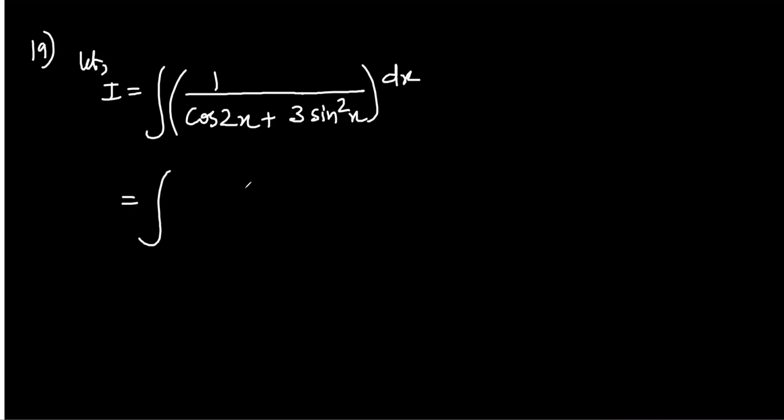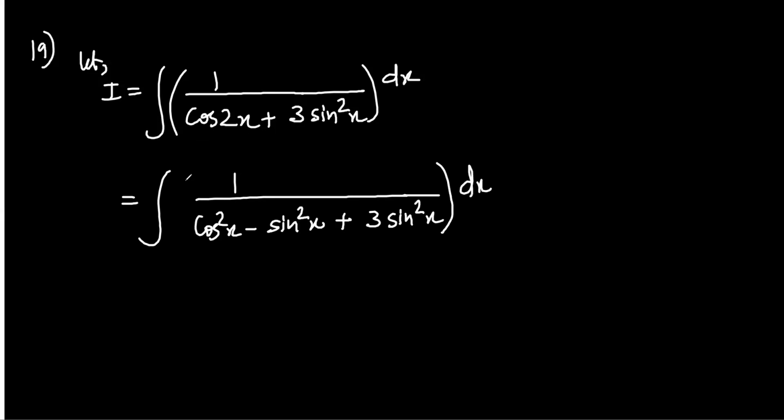So here, I will apply the formula for cos 2x. I know cos 2x is cos square x minus sine square x. For cos 2x, I wrote this, and here I have plus 3 sine square x.